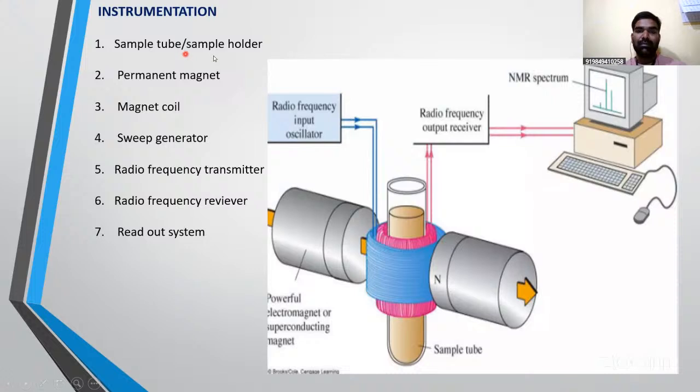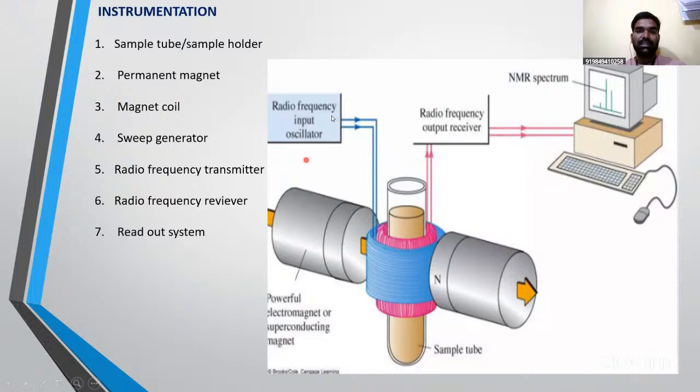You can observe the sample tube here. In the tube, we will keep the sample. These are the permanent magnets. You can see powerful electromagnet supermagnets here. You can see the magnetic coil. There will be a sweep generator attached to this one.